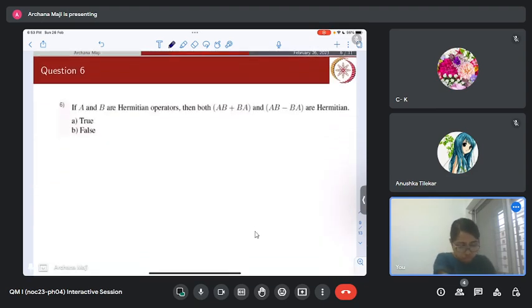If A and B both are Hermitian operators, then AB plus BA and AB minus BA are also Hermitian. Is it true or false? False. Which one is not Hermitian? If you take the dagger of this, you will end up with AB plus BA.